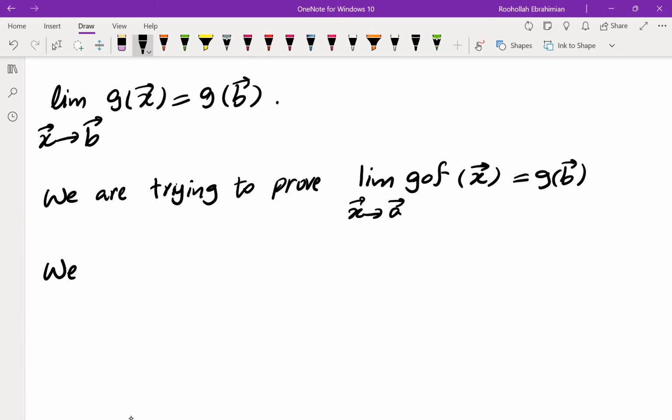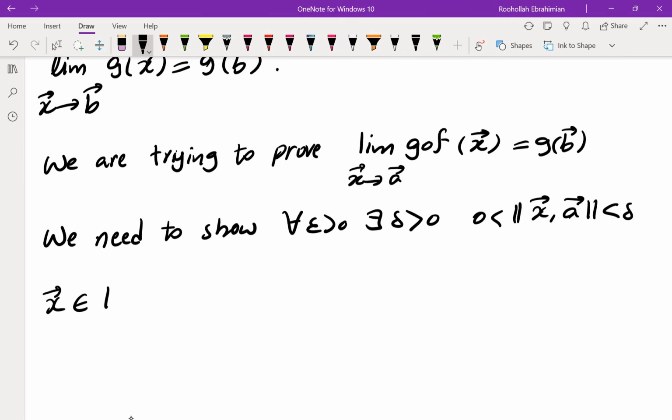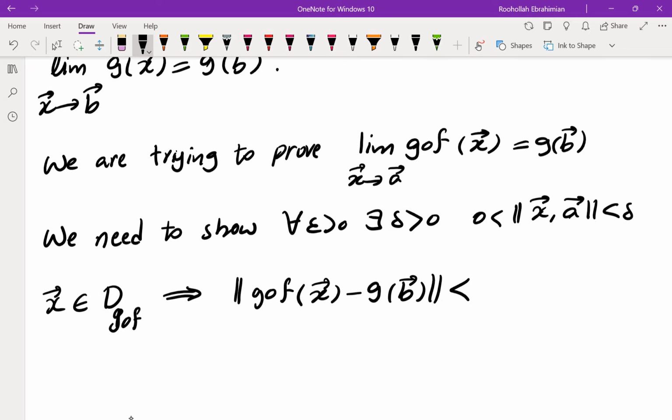So we need to show for every epsilon positive, there is a delta positive such that whenever the distance between x and a is less than delta, more than 0, and x is in the domain of, let me put it this way, D sub g∘f. This is the domain of g∘f. Then the distance between g∘f of x and g of b is less than epsilon.